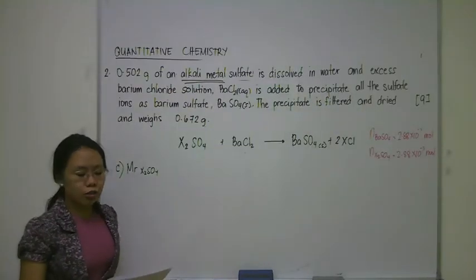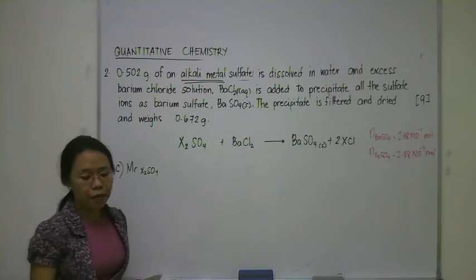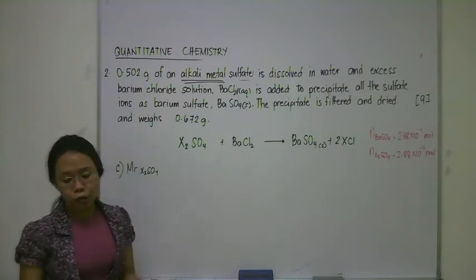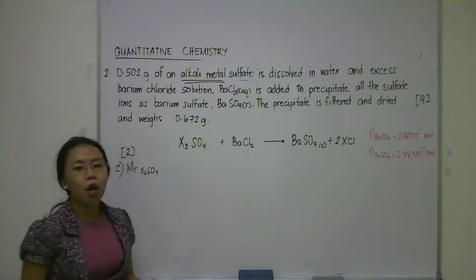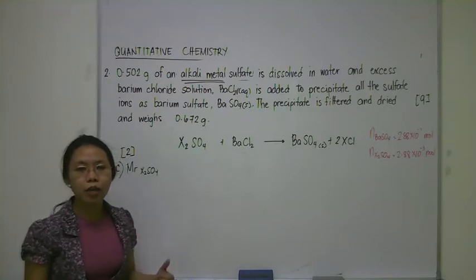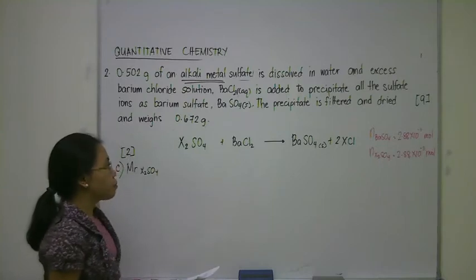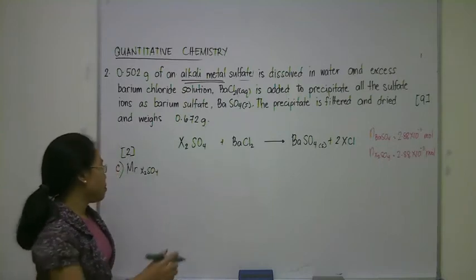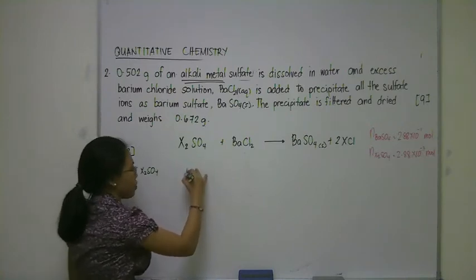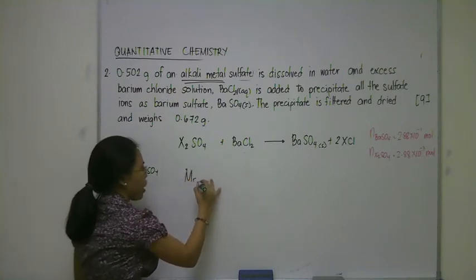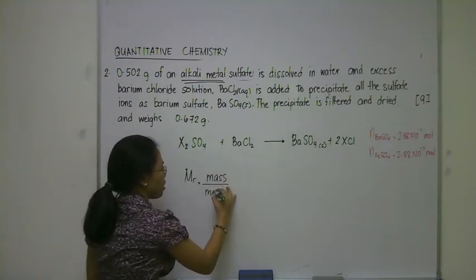Okay, let's continue to letter C. You have to determine the molar mass of alkali metal sulfate and state its unit. This is for 2 marks: 1 mark for stating the unit and 1 mark for finding the value of MR. To calculate the MR of alkali metal sulfate, we can use the formula MR equals mass divided by moles.